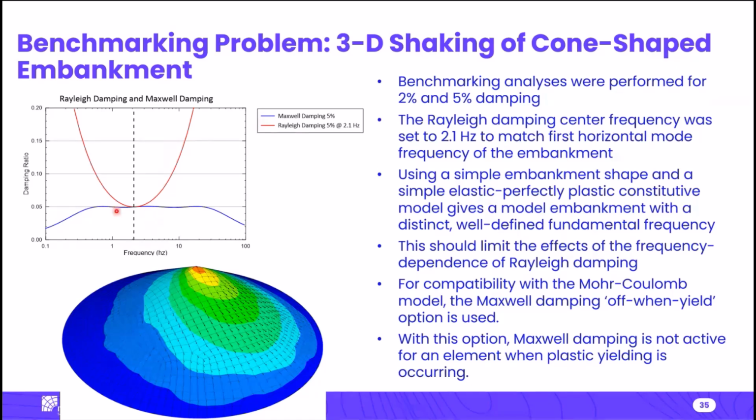And right at that frequency, Rayleigh damping and Maxwell damping are pretty much the same. And we're also using this off-when-yield option, which turns off Maxwell damping when you have plastic yielding, because you need that to be compatible with the FLAC built-in Rayleigh damping.